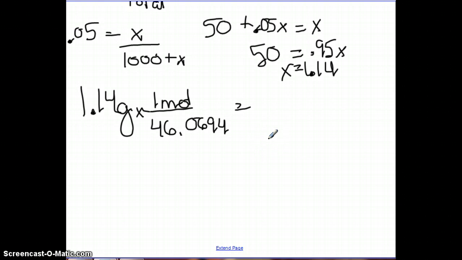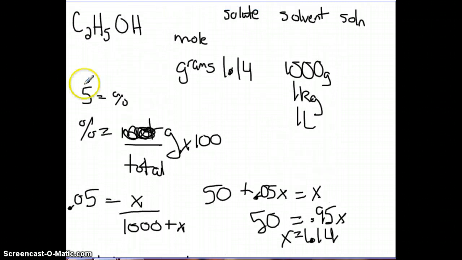So 1.14 divided by 46.0694 is going to give us 0.025. So that is our moles of solute.